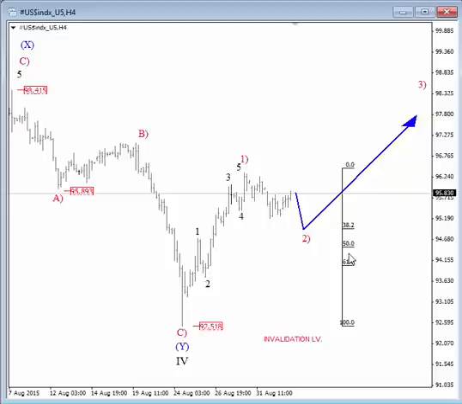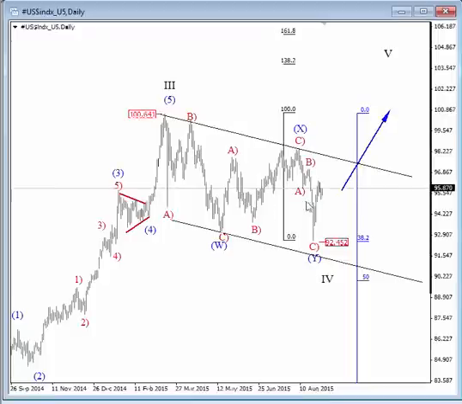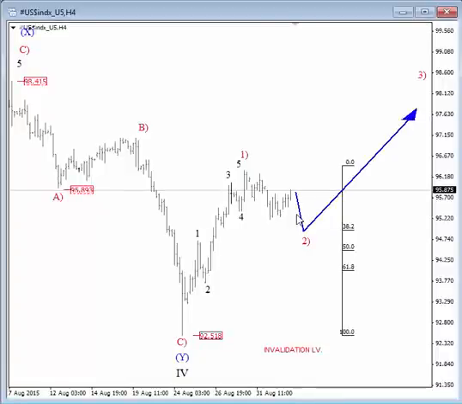Usually wave 2 will retrace at least 38.2%. Ideally, we will see a pullback even towards 61.8%, but only in a very strong bear market or bull market will you see a retracement of less than 38.2%. Since I'm expecting wave 5 to unfold, I don't think that we will see any aggressive, very strong buying directly from here.